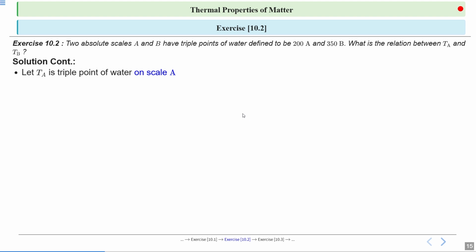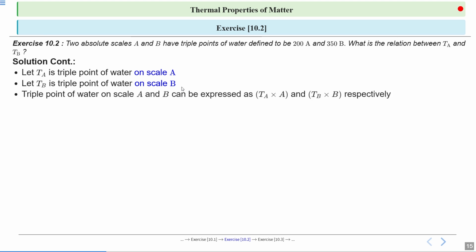Now let TA be the triple point of water on scale A, and TB the triple point of water on scale B. We have two absolute scales, scale A and scale B. So the triple point of water on scales A and B can be expressed as TA into A and TB into B respectively.